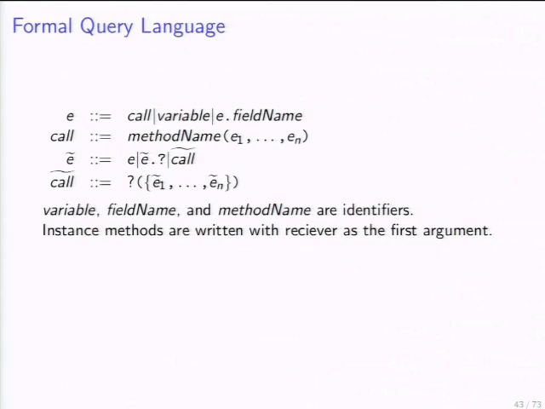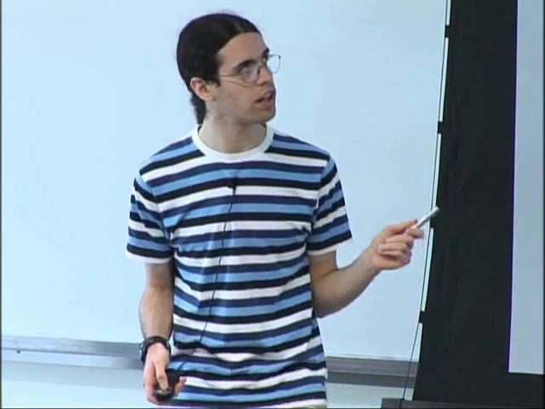To formalize the queries, I have this query language where the first two lines define a simple programming language where I have variable references, field lookups, and method calls. I'd like to highlight that I am writing instance methods with the receiver as the first argument, so instance and static methods look the same in this language, just to simplify things.